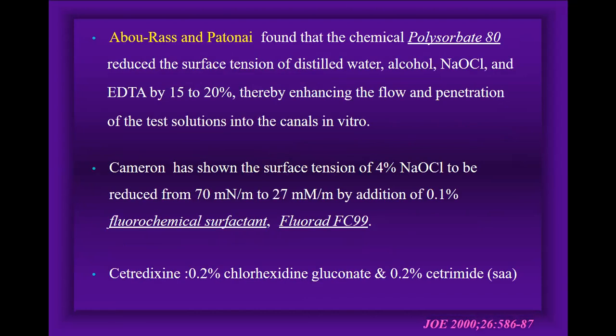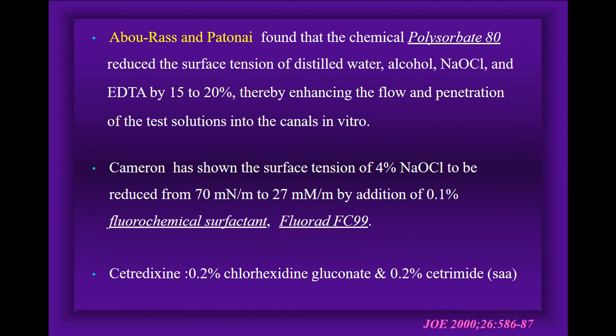Abou-Rass and Patonai found that the chemical polysorbate 80 reduced the surface tension of distilled water, alcohol, sodium hypochlorite, and EDTA by 15 to 20%, thereby enhancing the flow and penetration of the test solutions into the canals in vitro.